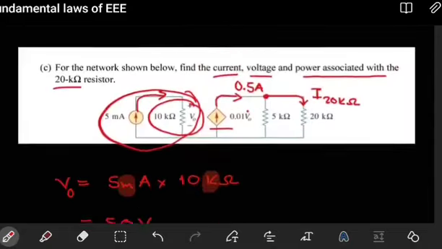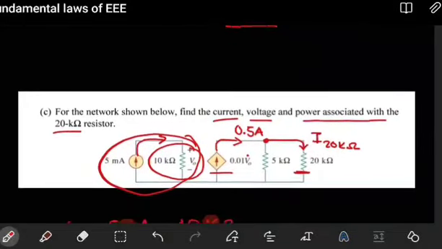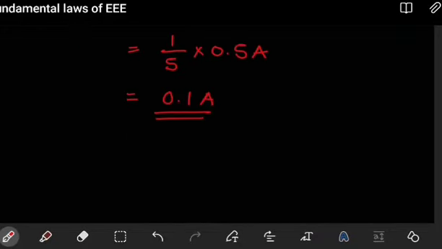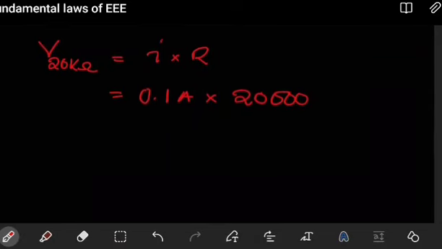Now, to get the voltage drop across the 20 kilo ohm, how do you do that? By Ohm's law, the voltage drop across the 20 kilo ohm will be equal to the current passing through it multiplied by its resistance. The current is 0.1 amps multiplied by the resistance, 20 kilo ohms, which I can take to ohms: 20,000 ohms.